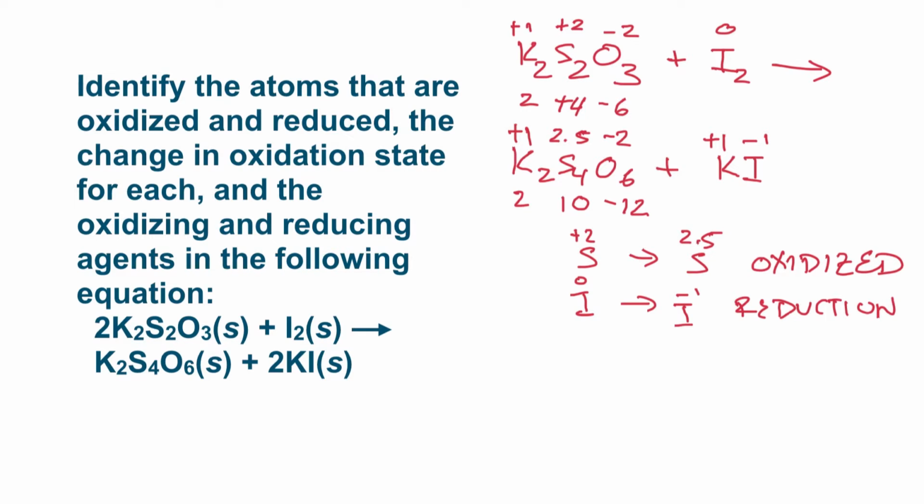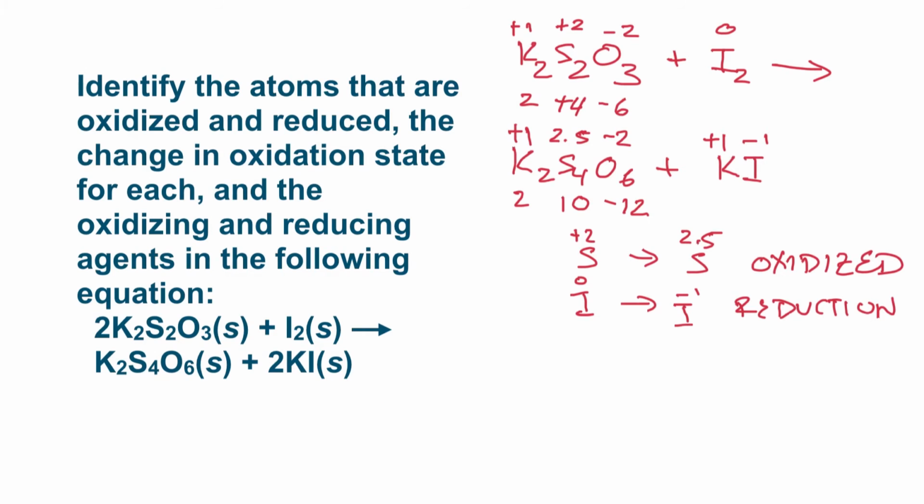Now in terms of oxidizing and reducing agents, these are the things that cause things to get oxidized or reduced. It's a little tricky. Oxidizing agents cause oxidation. That means that they themselves are getting reduced. Reducing agents cause a reduction, so they themselves are getting oxidized. The oxidizing agent and reducing agent always show up on the left-hand side or the reactant side of the reaction.